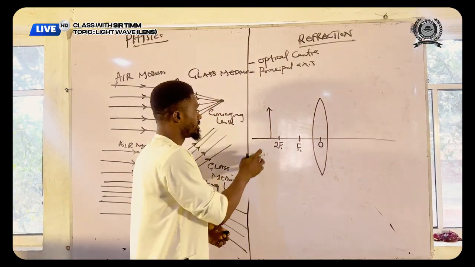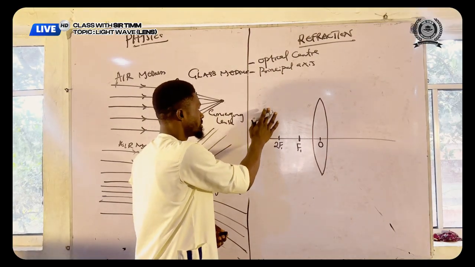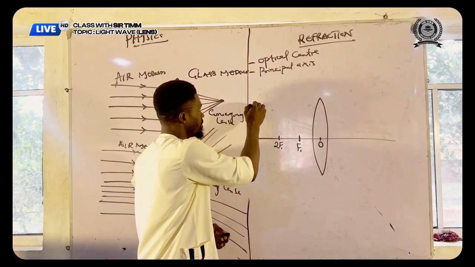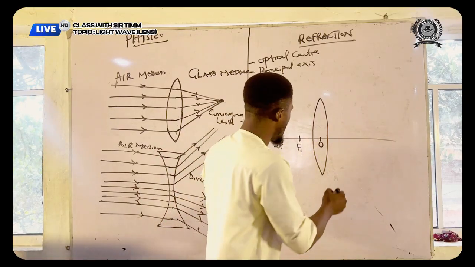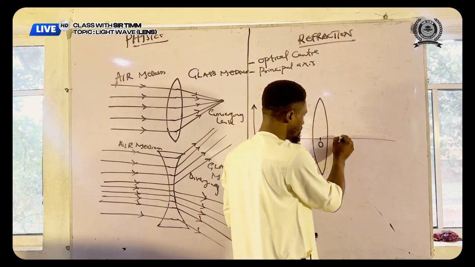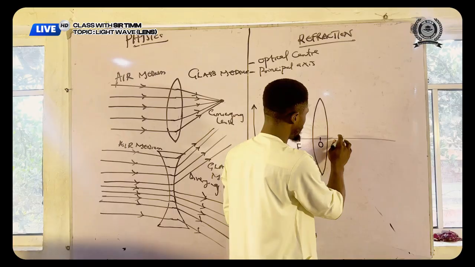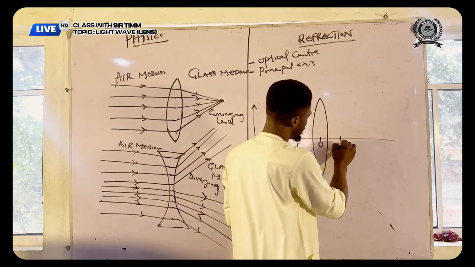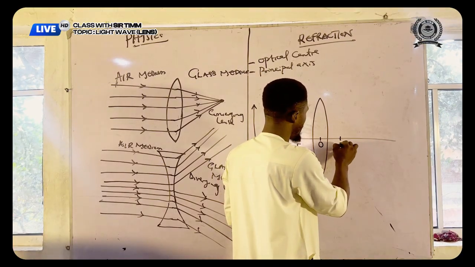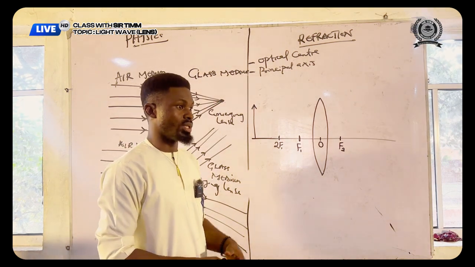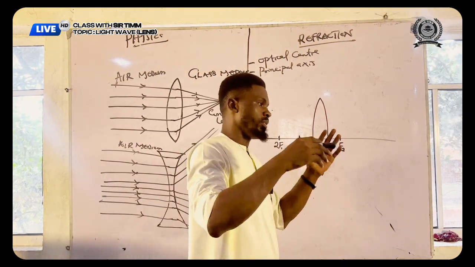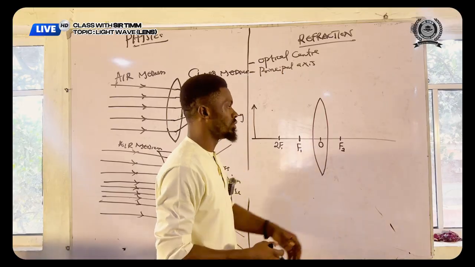Then let me move this guy backward. From the other side as well, I will measure 2 centimeters, and I will have F2. That is the second principal focus.